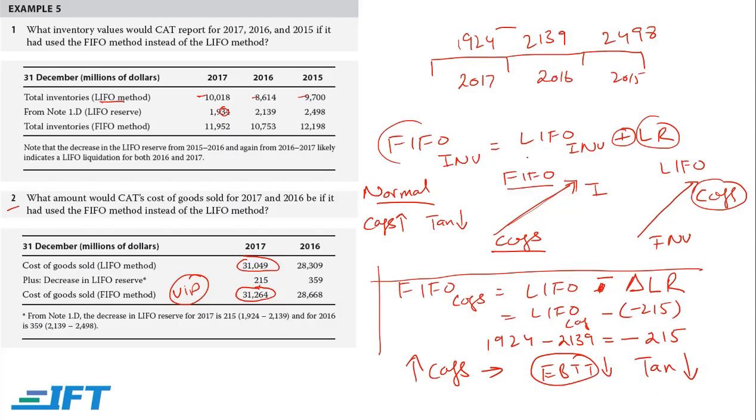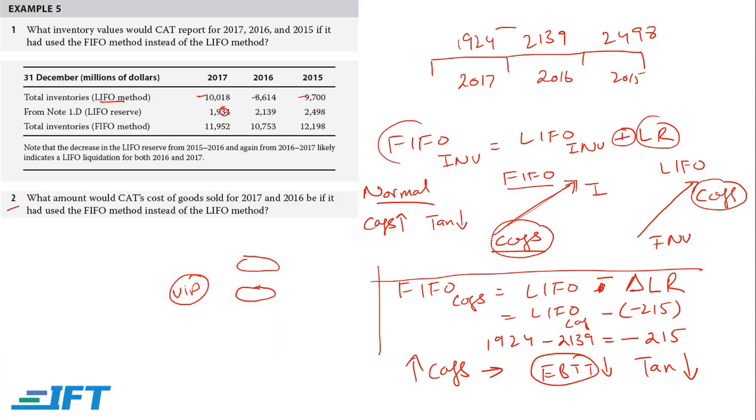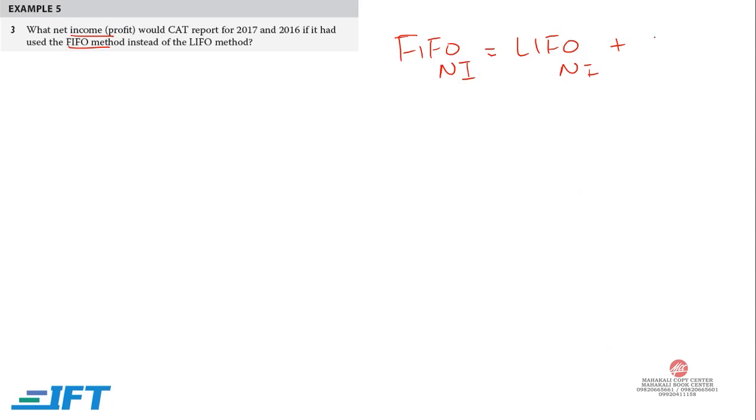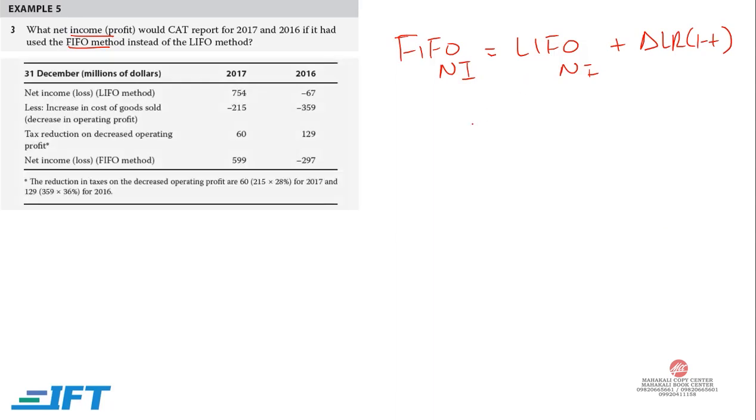Now, under a normal scenario, under FIFO, cost of goods sold is lower. If cost of goods sold is lower, then the net income would be higher. Hence, we are going to add change in LIFO reserve times (1 minus tax). Net income under LIFO was 754. So 754, that is your LIFO net income, plus change in LIFO reserve minus change in LIFO reserve multiplied by tax.